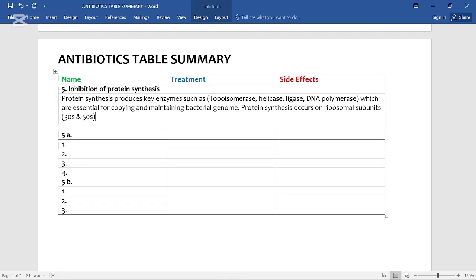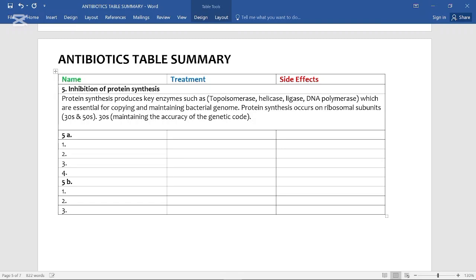An additional point: the 30S is majorly essential for maintaining the accuracy of the genetic code. That's one of the major uses of the 30S.